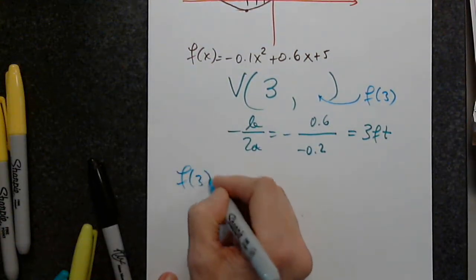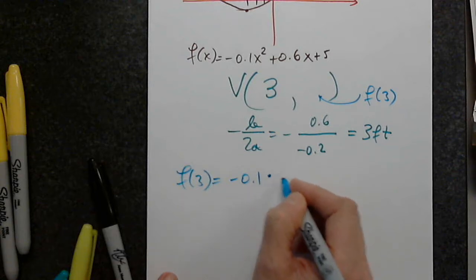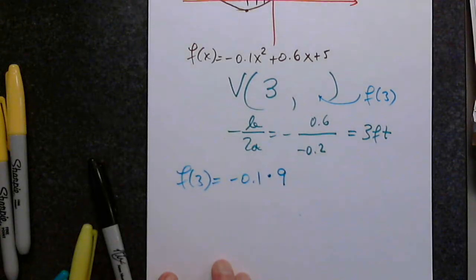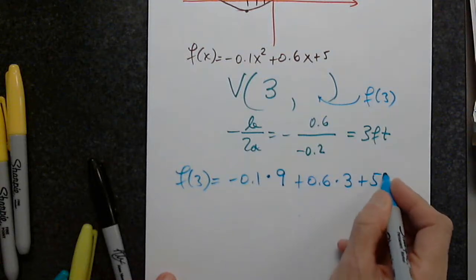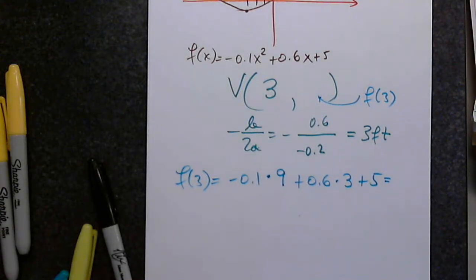So f of 3 equals negative 0.1 times 9, because I squared 3, plus 0.6 multiplied by 3, and plus 5. So I'll calculate this, or you can do it by hand. Negative 0.9 and plus 1.8 and plus 5. I got 5.9. Let me know if you got anything else.